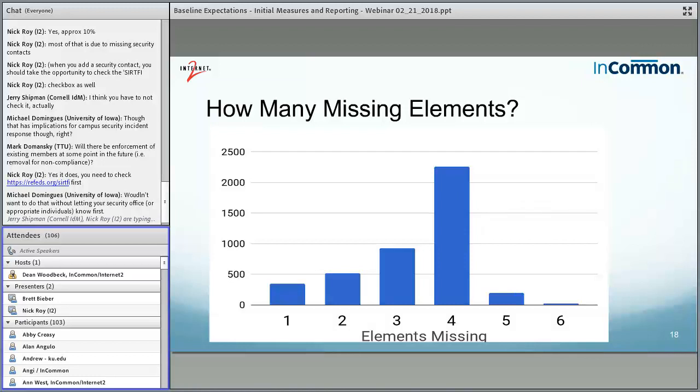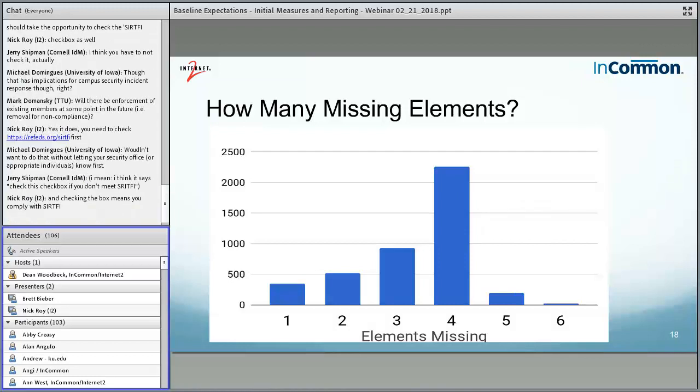What we have right now is our starting point, and then we monitor our progress and provide continuing support through the Community Trust and Assurance Board to the community on how to fill in those gaps and add in those missing elements, whether it be how to write a privacy policy that works for your institution, or, as Nick was talking about, how to get a logo in there that is going to be meaningful to an end user when they try to interact with my service or identity provider.